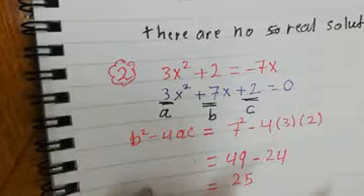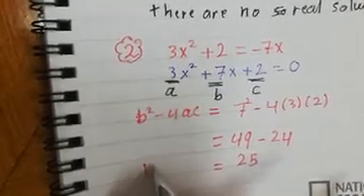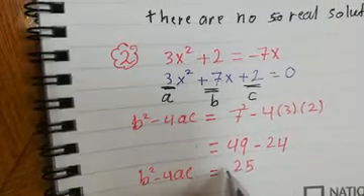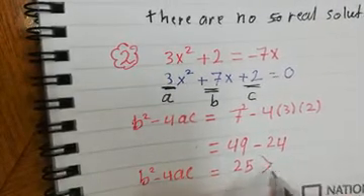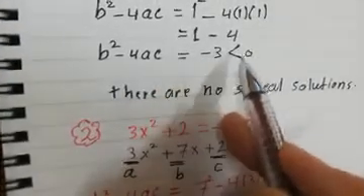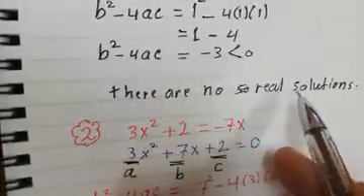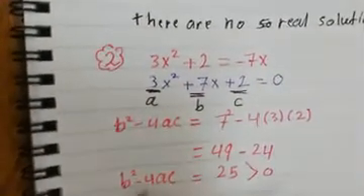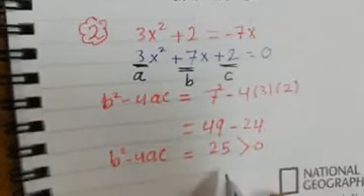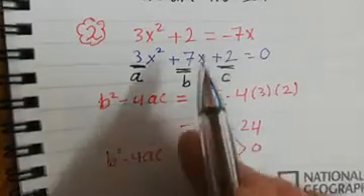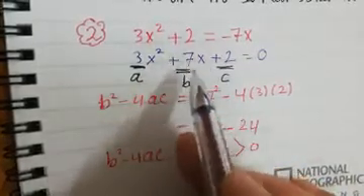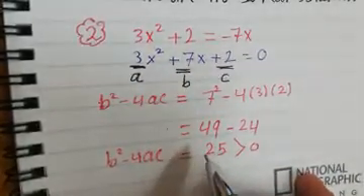This number, which is the discriminant, B squared minus 4AC, is a positive number. It's greater than 0, and this is the second case. In the first case, if the discriminant is negative, there are no real solutions. Now, because the discriminant is positive, this equation has two different real solutions.